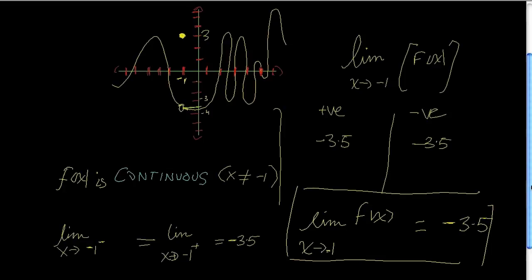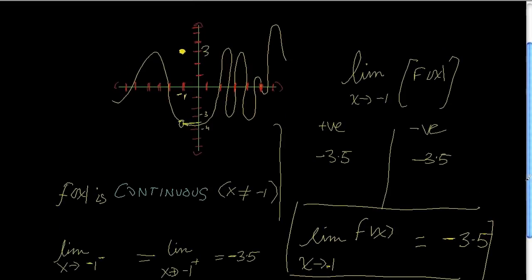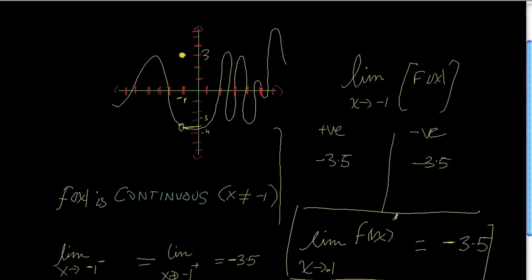Now you might say that, and I seriously had this question when I thought of it, as we approach f of x from the positive and the negative, from both directions we get to -3.5, right? But you see that the function at -1 is equal to 3.